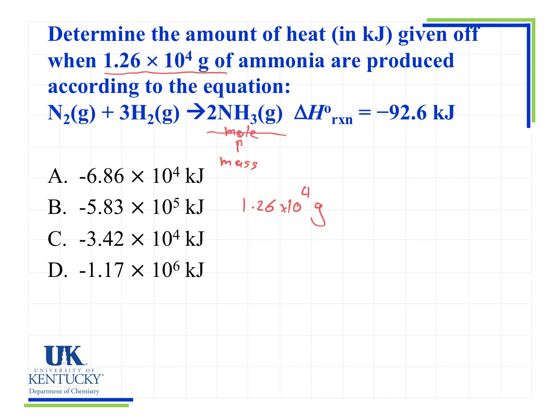In this case we want the amount of heat, so from mole we can go to the enthalpy, the amount of heat, right? From mass I need the molar mass of ammonia, which is 17.031 gram of NH3 for 1 mole of NH3.